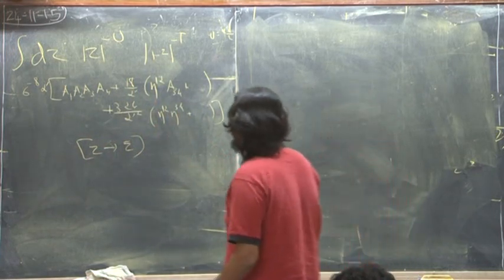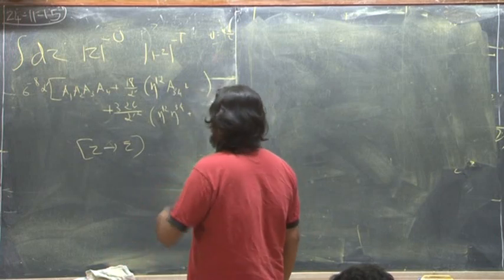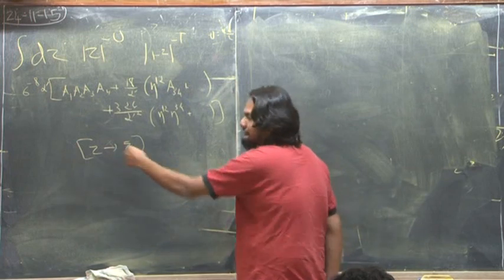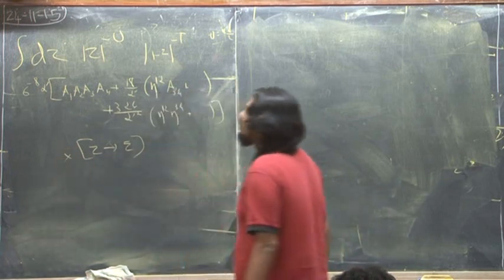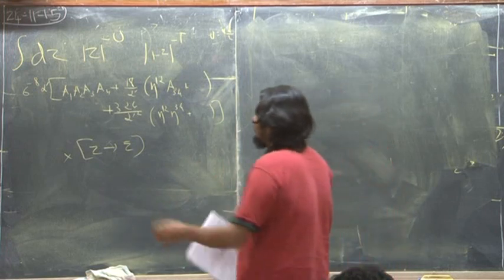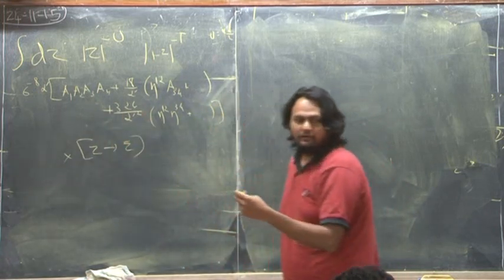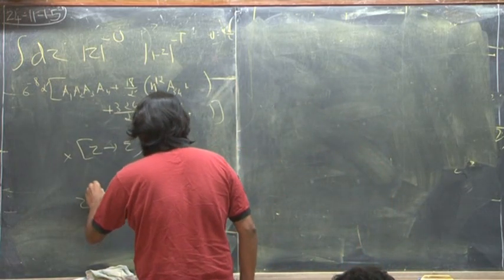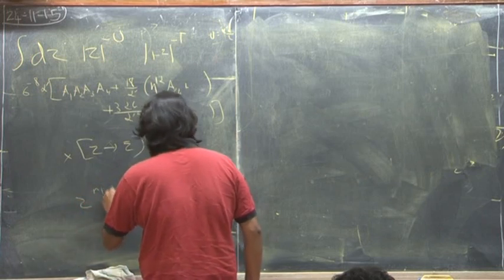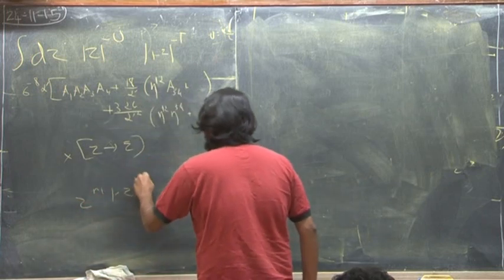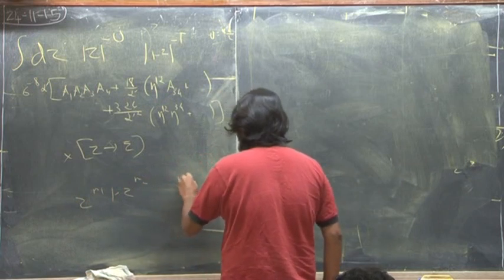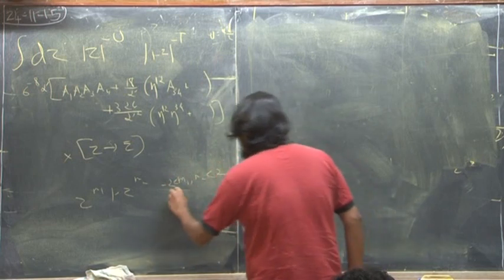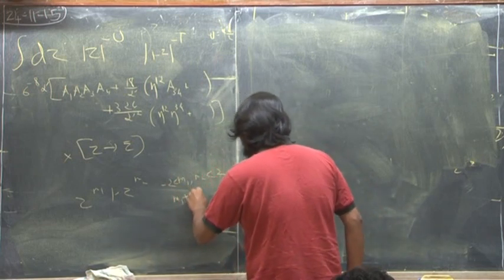And then we argued that in all these terms, this is the holomorphic part, and this is the anti-holomorphic part. We argued that in all these terms, when you expand it out, you're going to get z to the m1 and 1 minus z to the m2, with m1, m2 greater than minus 2, and also m1 plus m2 less than 0.